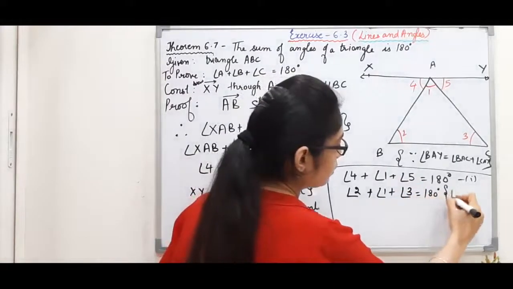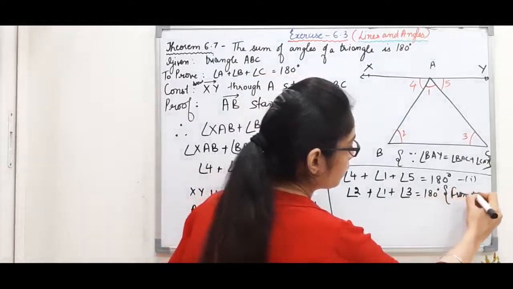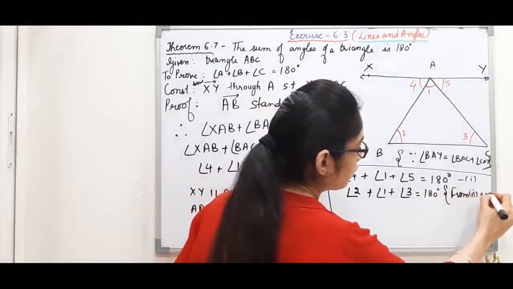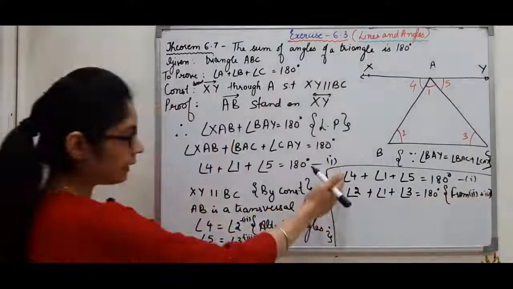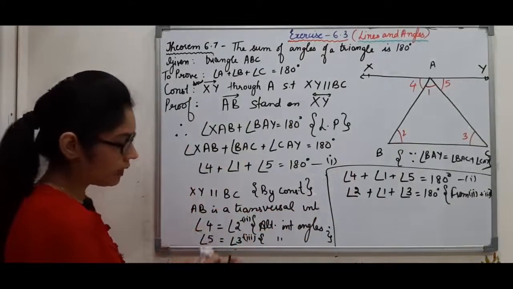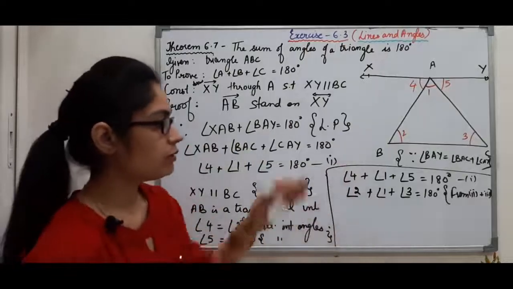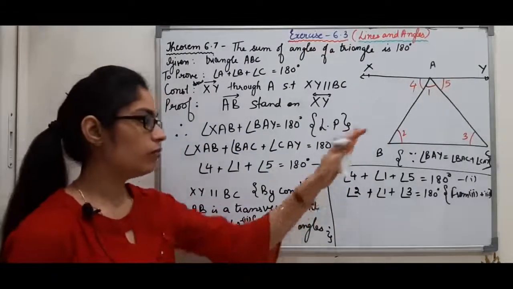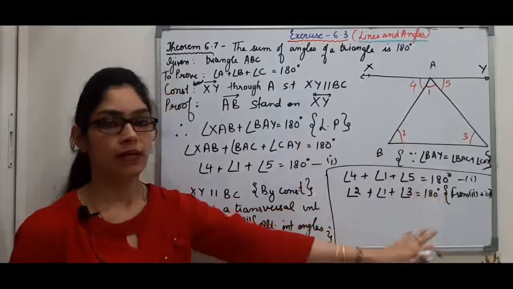The reason we can mention from 2nd and 3rd, because in the 2nd point it's mentioned that angle 4 is equal to angle 2 and in the 3rd point that angle 5 is equal to angle 3. So we have just substituted the values of angle 4 and angle 5 as angle 2 and angle 3.